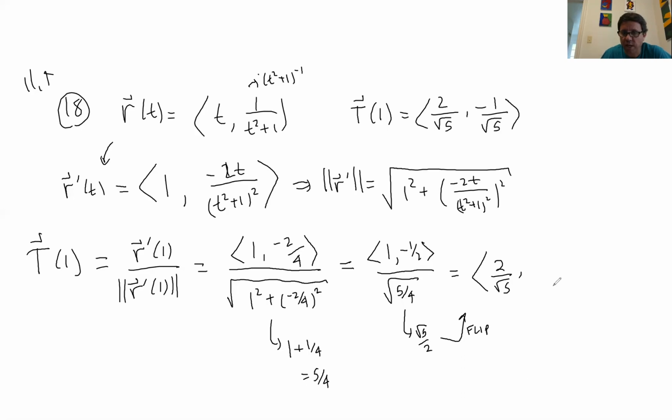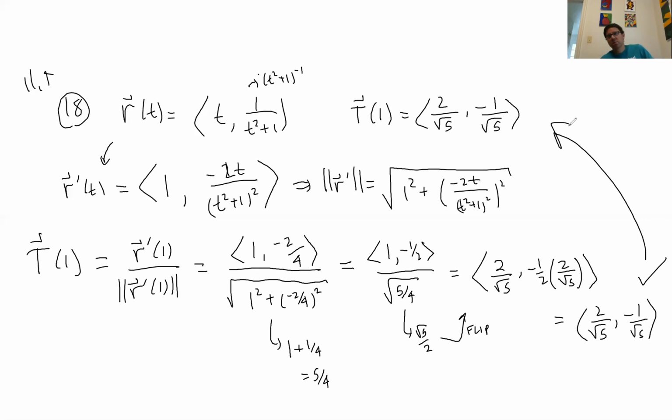What do I get for the second one? This will be 2 over the square root of 5 times -1/2. And so I get 2 over the square root of 5, and -1 over the square root of 5. Check. That is confirmation that it is correct.